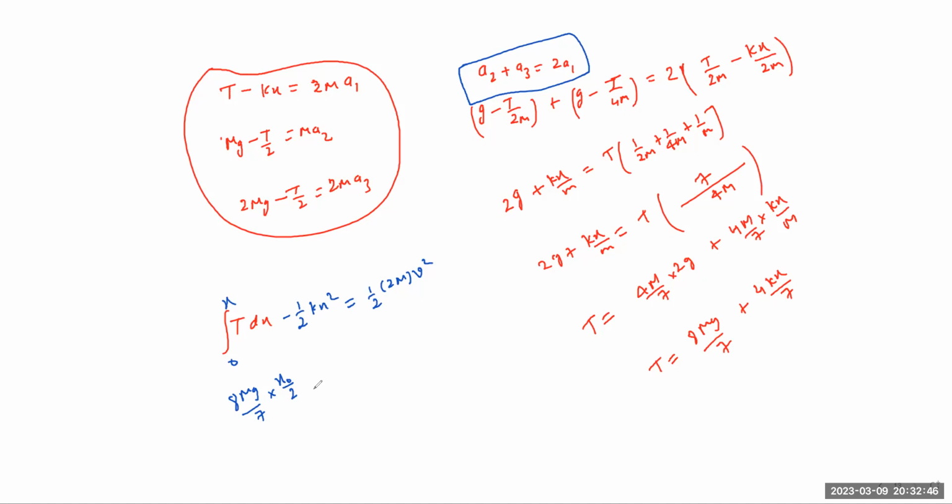Okay, maximum elongation is given, right? For maximum elongation, the change in kinetic energy is 0. So 8 mg x naught by 7 plus 4k by 7 x naught square by 2 minus k x naught whole square by 2 equals 0.